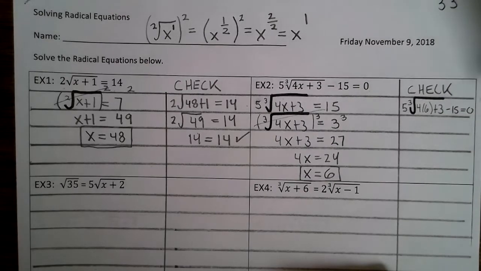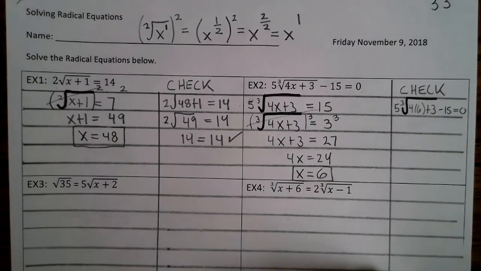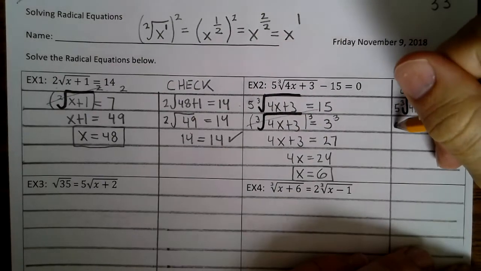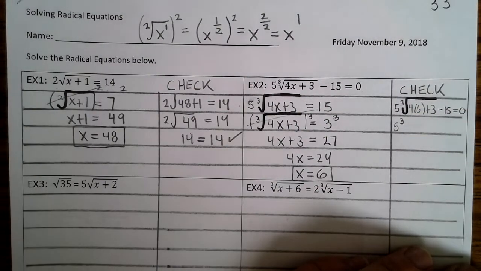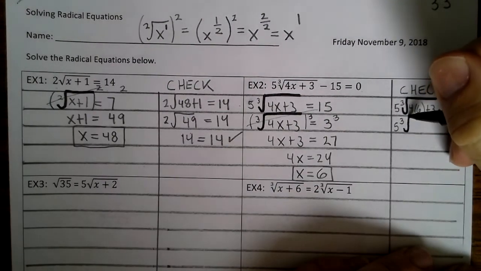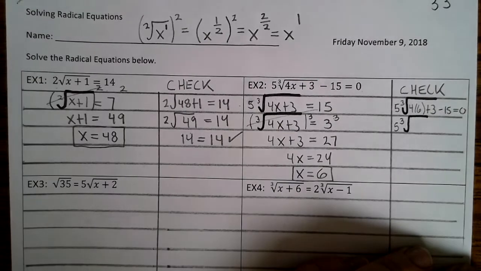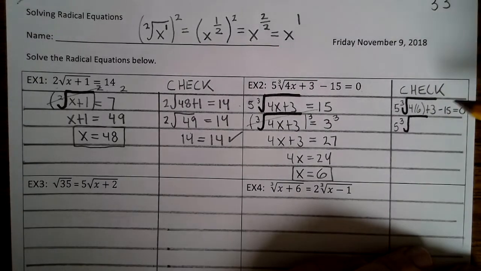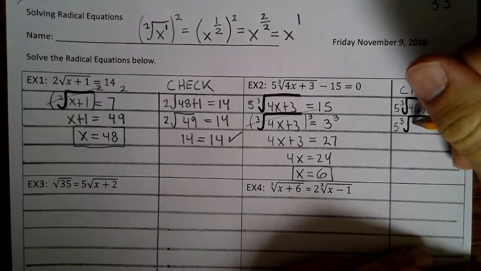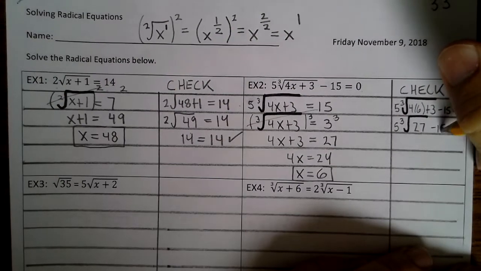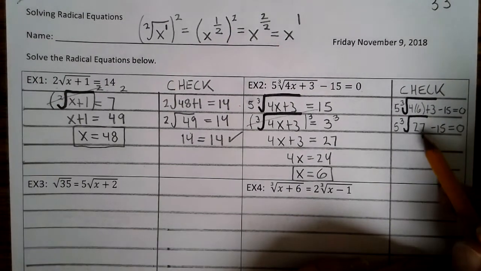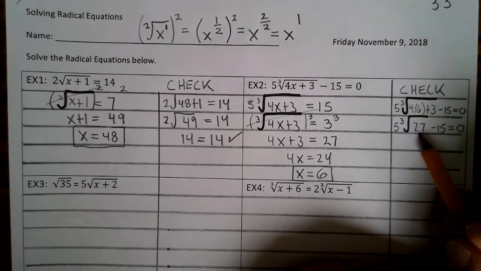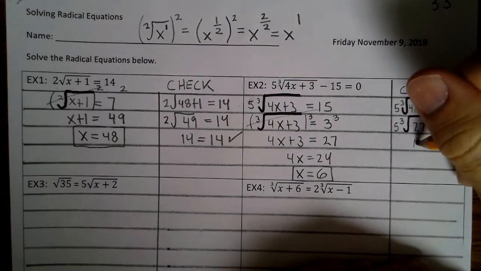So then that's 5 cube root of, see if we can do the math here, 4 times 6 is 24, plus 3 is 27, minus 15 equals 0. Well, the cube root of 27 is 3, 3 times 5 is 15, so 15 minus 15 equals 0, so it checks.